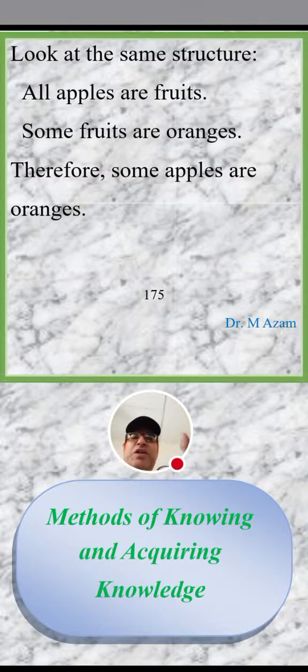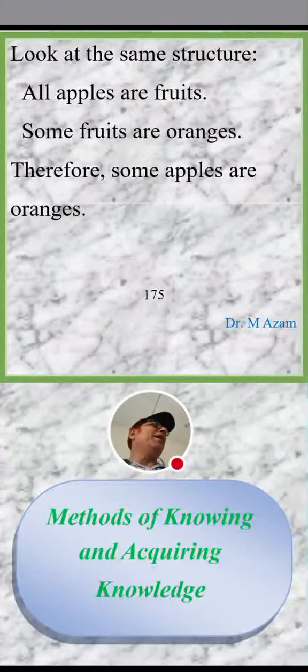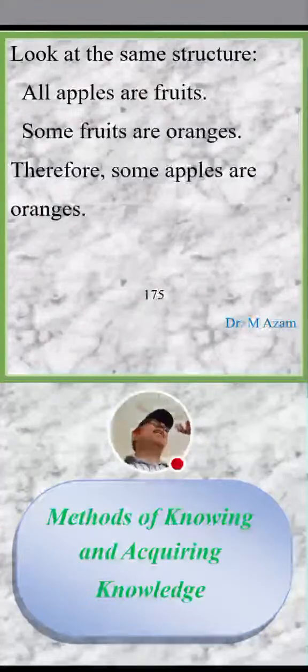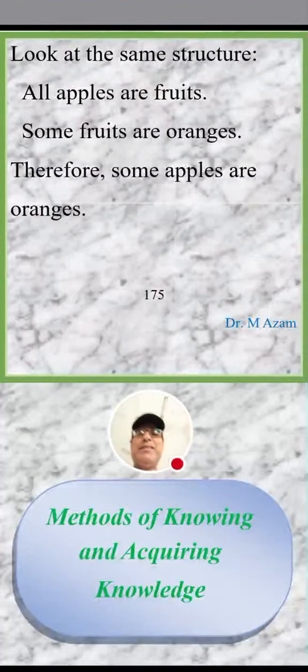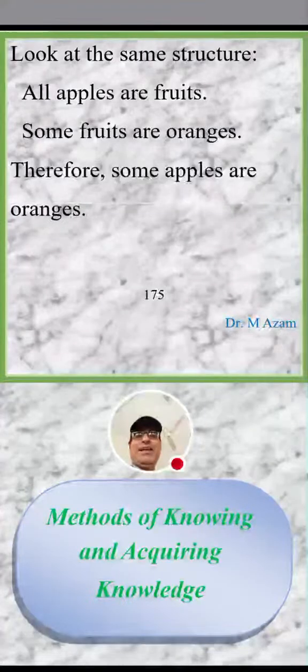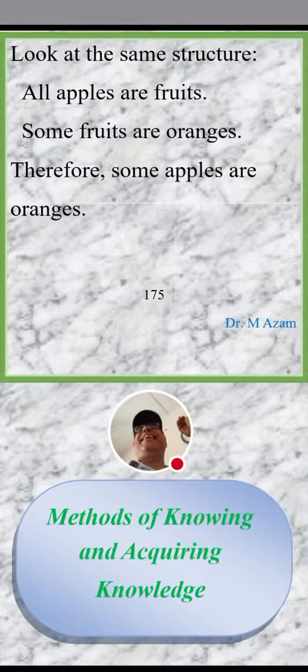Look at the same structure. Another argument like this. One premise is all apples are fruits. The second premise is some fruits are oranges. Therefore, some apples are oranges. Can we draw this conclusion from the two premises?